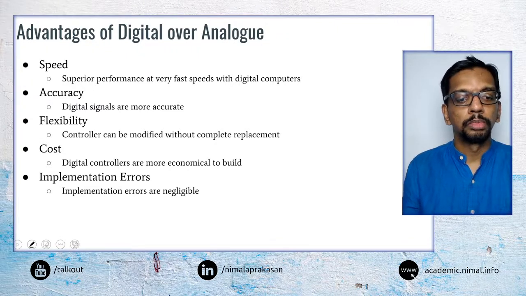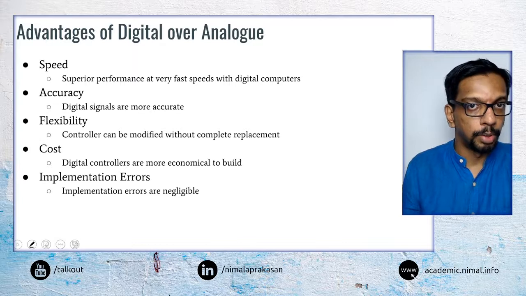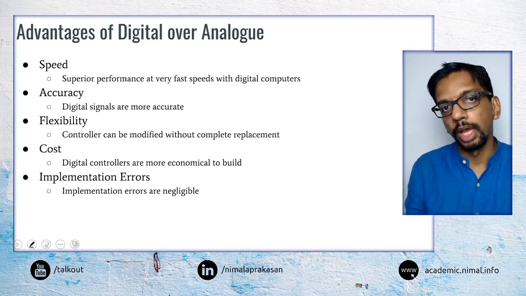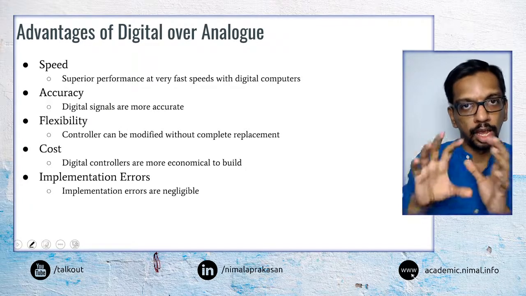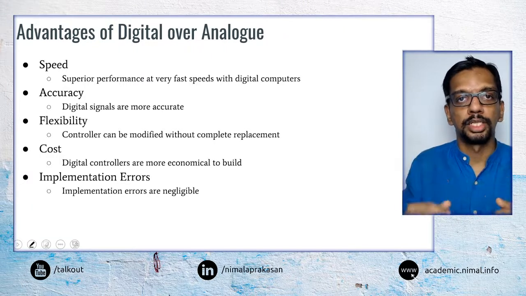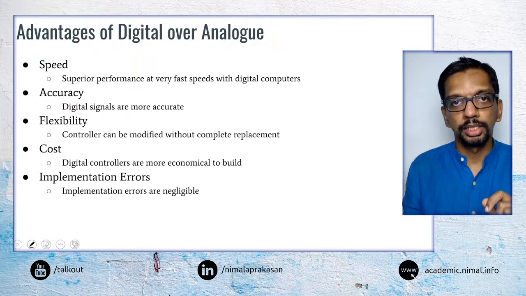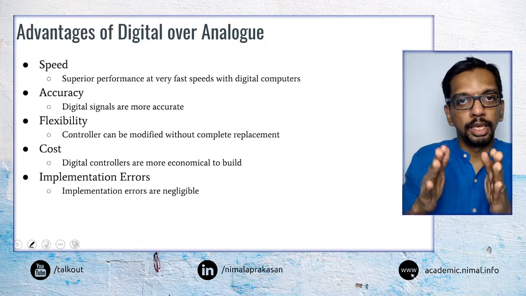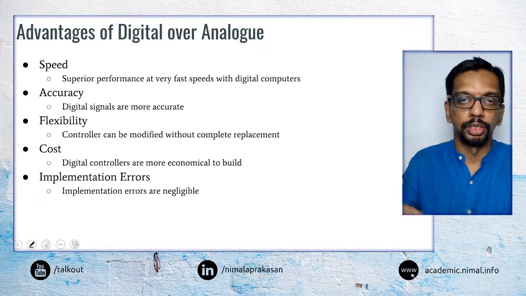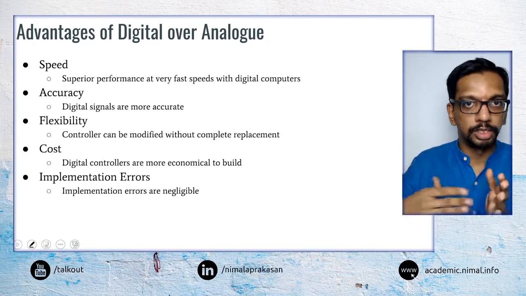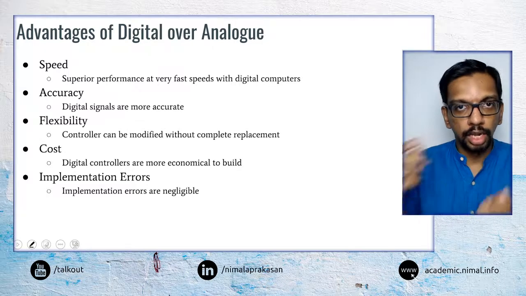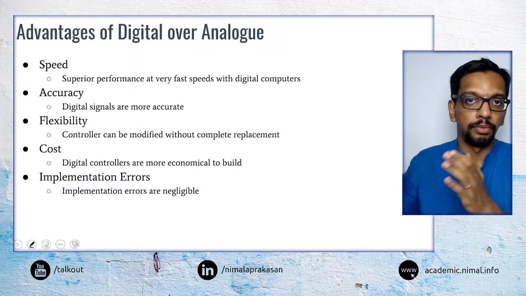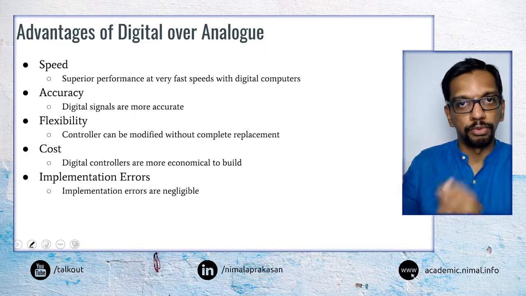And also one of the main advantages, particularly from a cost point of view as well, is what we can identify as implementation errors. So for example, if we are making a system as an analog system, we'll have to build that system and then we have to trial it, and if there are any issues, then we may have to go and fix it.